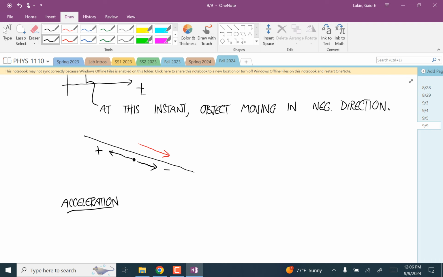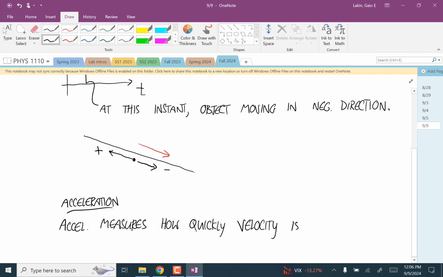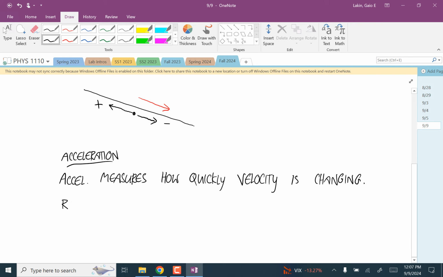Just the same way velocity measures how quickly position is changing, acceleration measures how quickly velocity is changing. Well, if the velocity isn't changing at all, what would you guess the acceleration would be? Zero, yep.